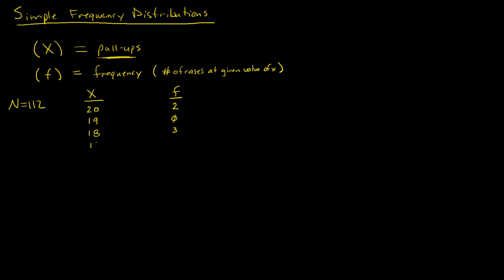This is going to get old quickly because you probably already have the intuition for this, but at 17, let's say there were 6 that could complete the pull-ups. At 16, it was 8. At 15, let's throw out the number 1. At 14, let's throw out some big numbers now. Let's say there were 21 that could do 14 pull-ups.